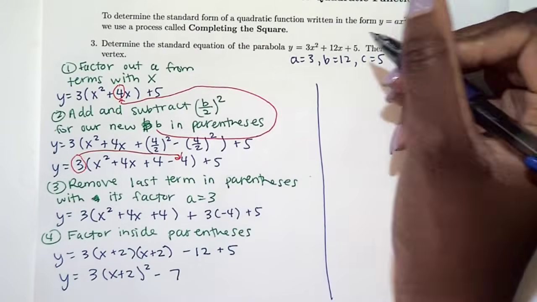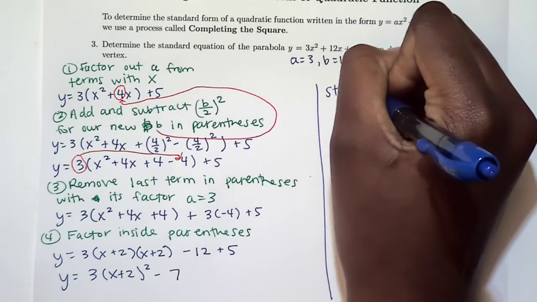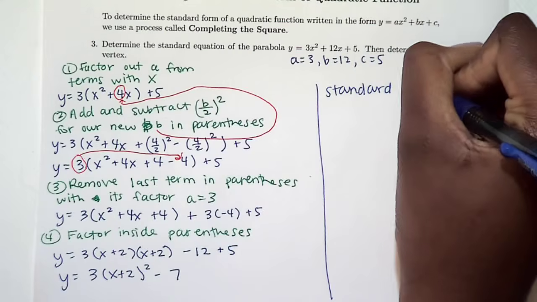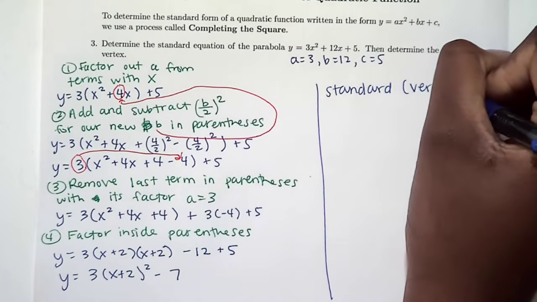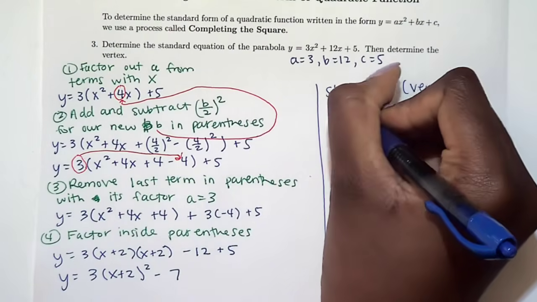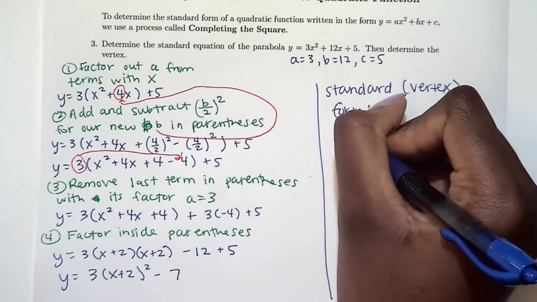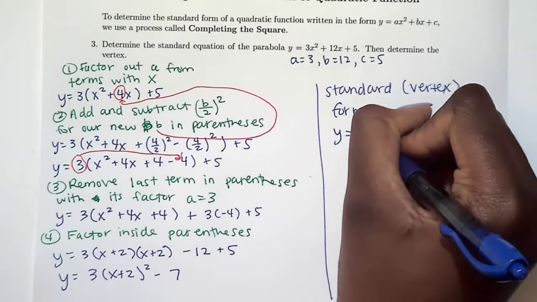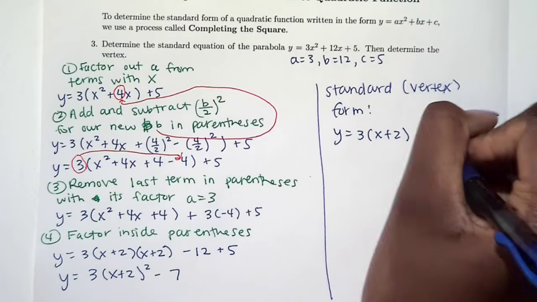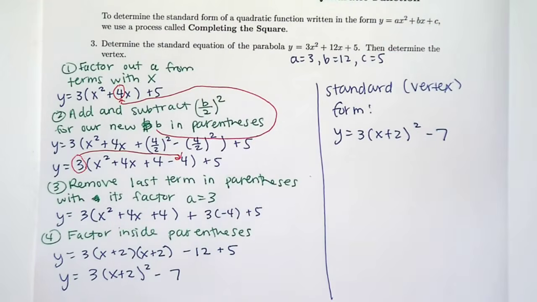All right, so to answer our question, we have our standard, or we can call it vertex, you'll see it both ways, form. So y equals 3, x plus 2 squared minus 7.